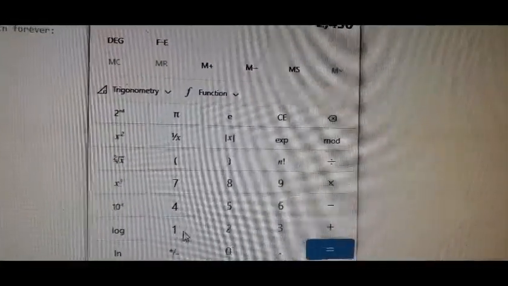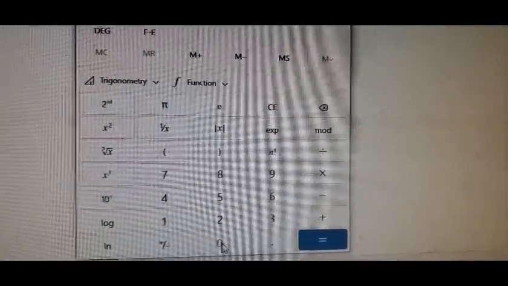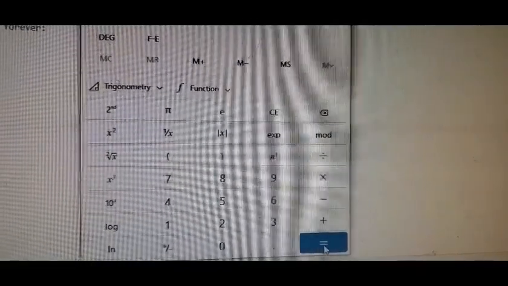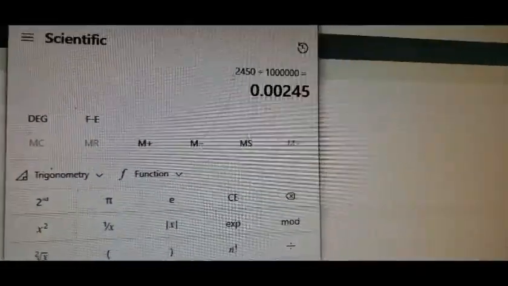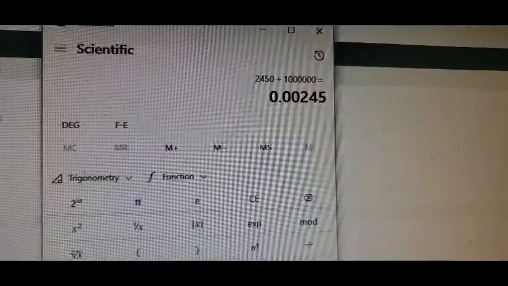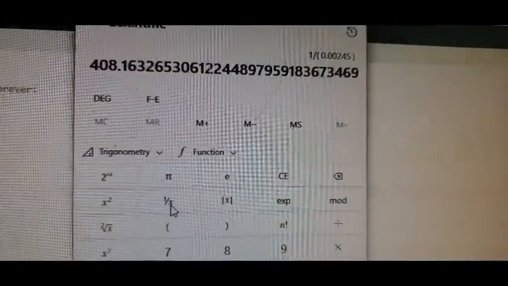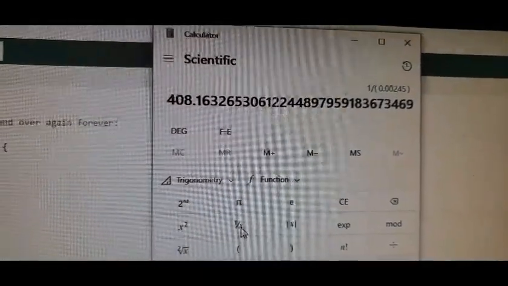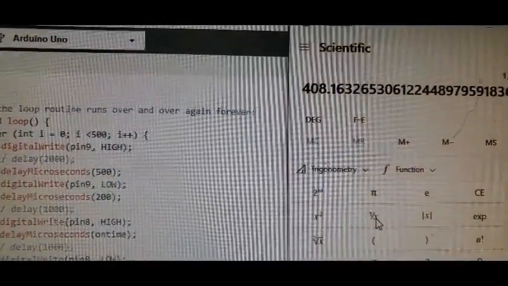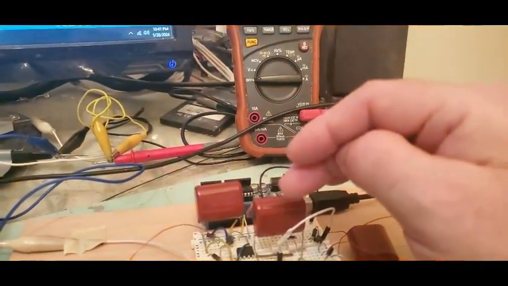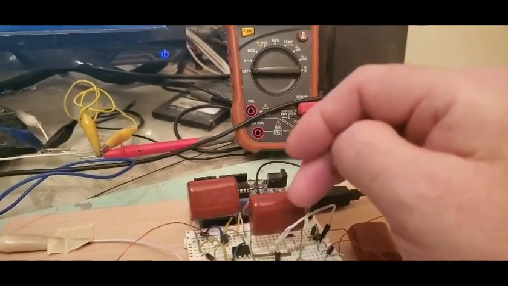So divide by 1 million, equals, takes that many seconds for it to go through the cycle once. Now it has a 1 over x button, so let's see if this works. Okay, so in that case, 408 times in a second, this cap discharges and gets refilled.